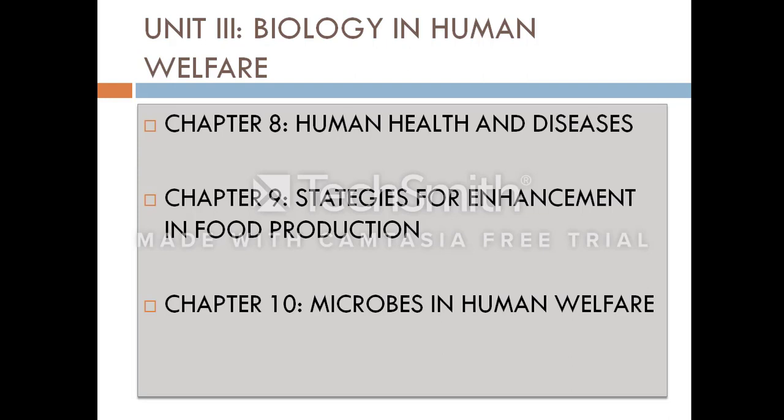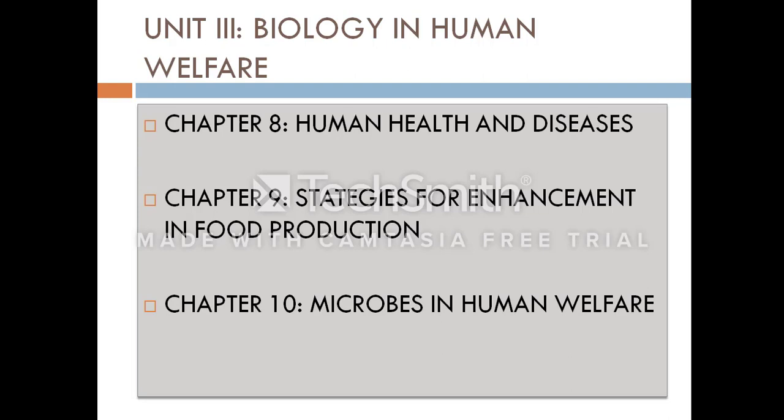And the 9th chapter is strategies for enhancement in food production. How we can increase the food production, or how with the help of biology the food production can be enhanced, and how to provide food for an increasing population.